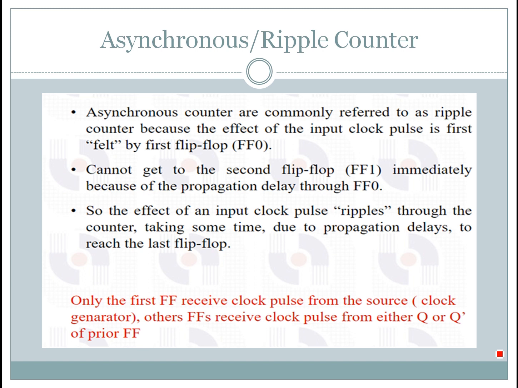So the effect of an input clock pulse ripples through the counter, taking some time due to propagation delays to reach the last flip-flop. Hence, asynchronous counter is also called ripple counter. So that means in asynchronous counter, only the first flip-flop receives the clock pulse from the source, that is clock generator, and other flip-flops receive clock pulses from either Q or Q bar of the prior flip-flop.